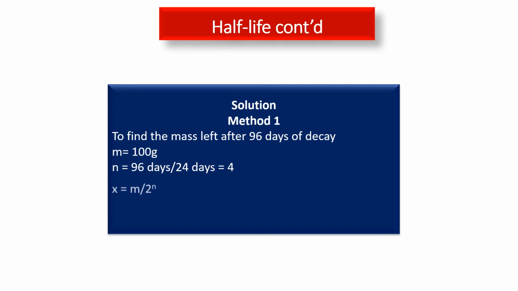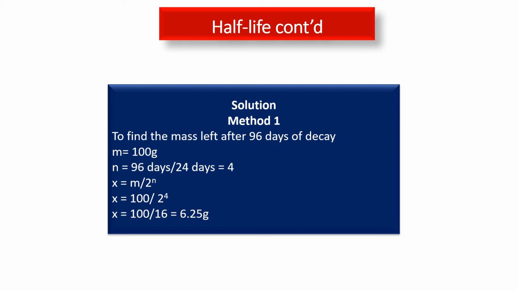So n is equal to 4. So we go back to our formula, which is x is equal to m over 2 raised to power n, where m is 100 and n is 4. So that will be 100 divided by 2 raised to power 4. And that is going to give us 100 divided by 16, which is equal to 6.25.